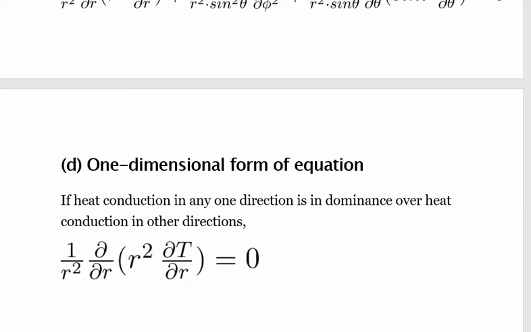The resultant will be 1 by r square d by dr of (r square dT by dr) equal to 0, which implies the change of temperature is 0 for the one dimensional case.